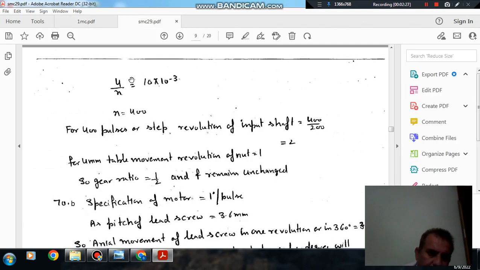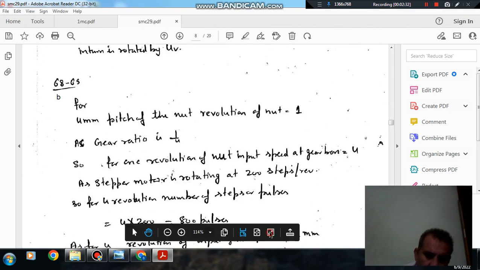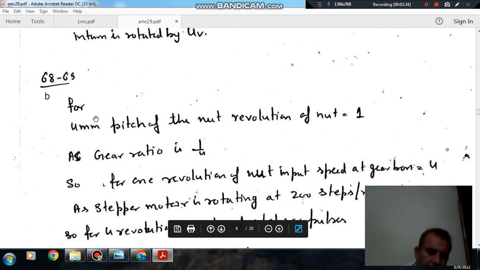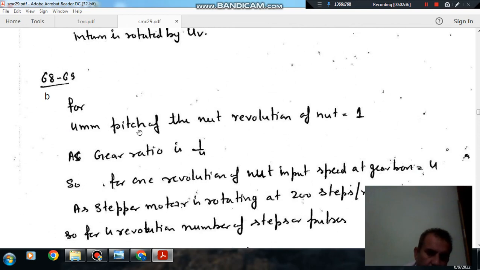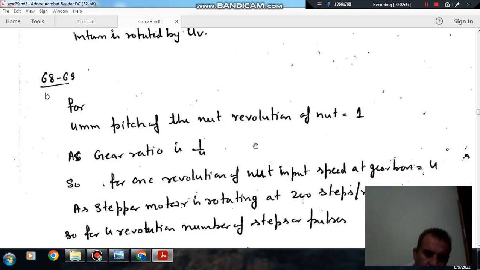Here pitch is given as 4 mm. As pitch is 4 mm, the nut will rotate one revolution for 4 mm movement of the table. So nut revolution is 1 for 4 mm movement of the table.